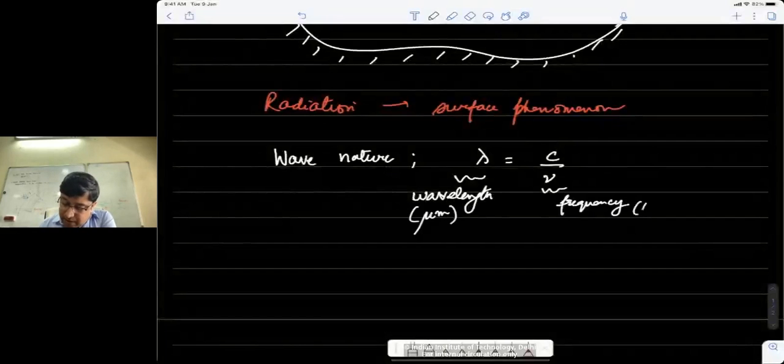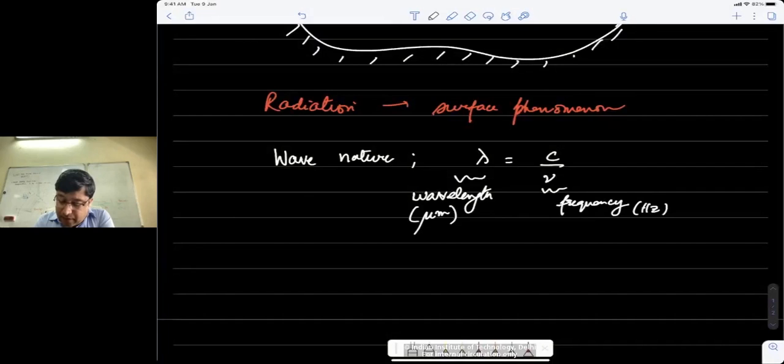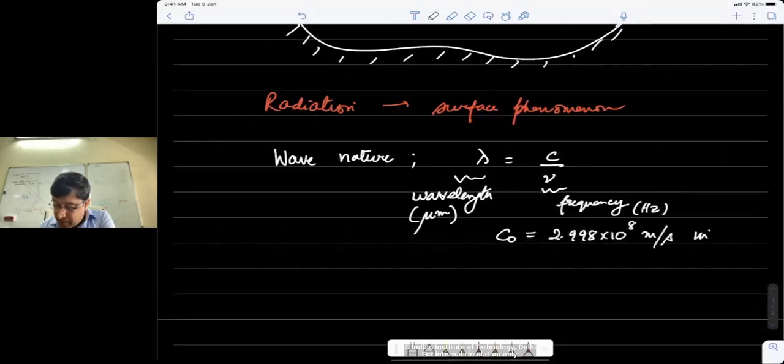And frequency, of course, is in hertz. And c is the speed of light in that medium, and we know that the speed of light in vacuum is 2.998 × 10^8 meters per second. This is the speed of light in the medium.